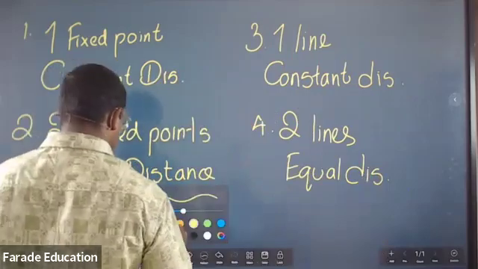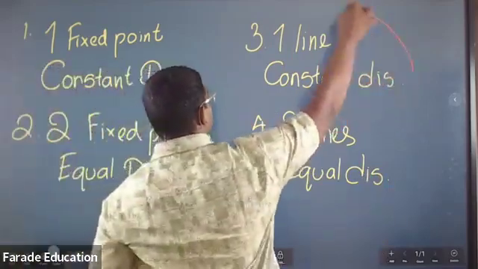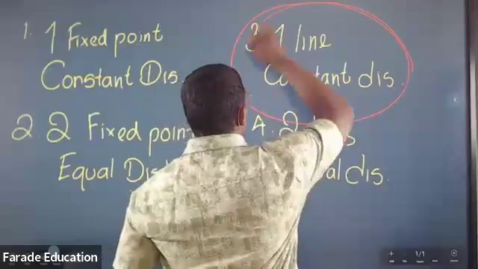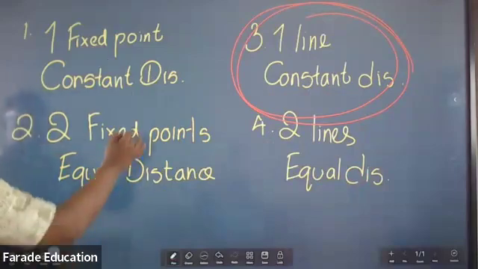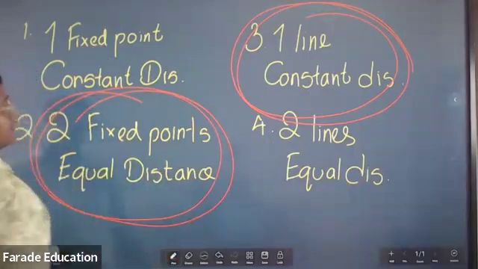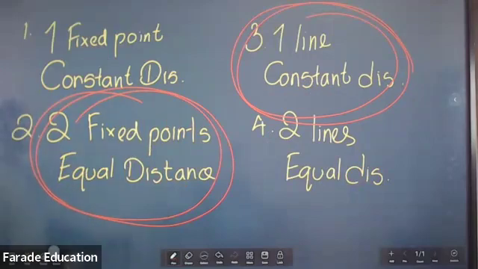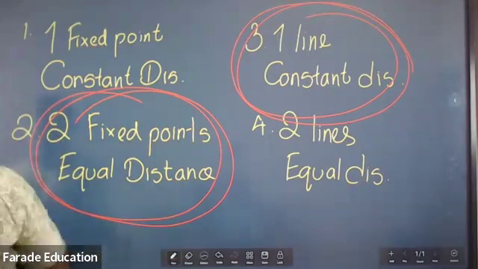So this question has one line with the point traveling at constant distance, which is a parallel line, and 2 fixed points with the point traveling at equal distance, which is a perpendicular bisector. Both are connected. Now we'll go for the question.